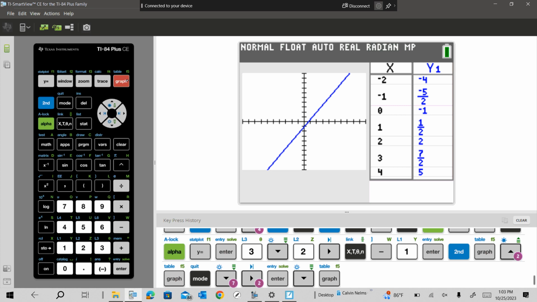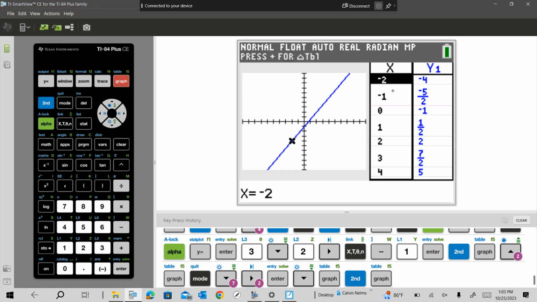Okay, now let me just show you something real quick. If I want to go up and down my table like we normally do, you still have to hit second graph to get that cursor in the table box. Notice this right now. You see how this is highlighted -2, and right there they put the point where that is located on the graph.